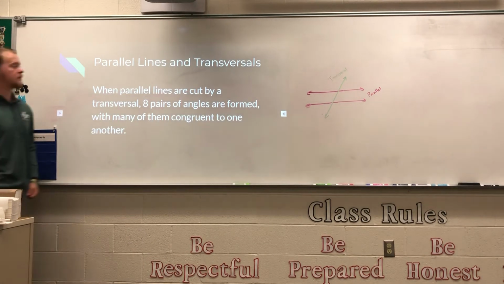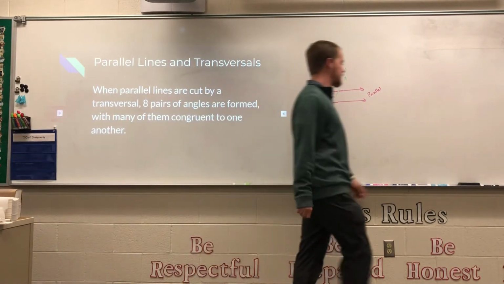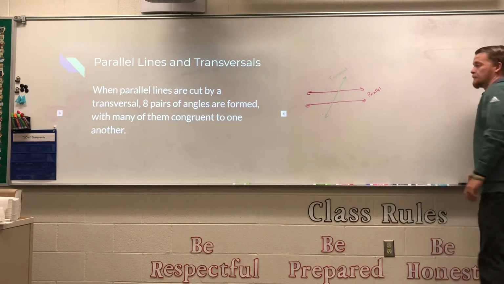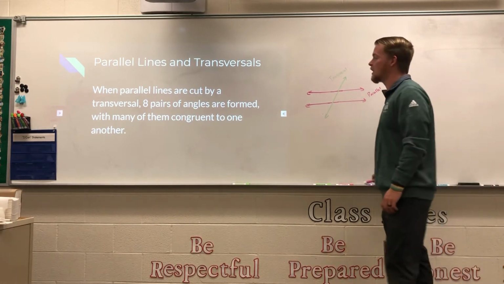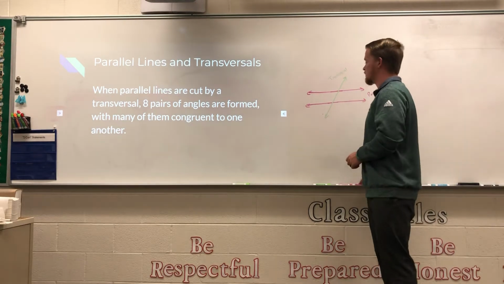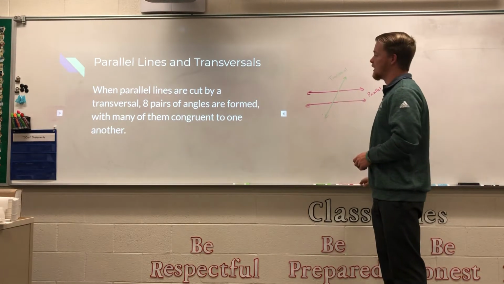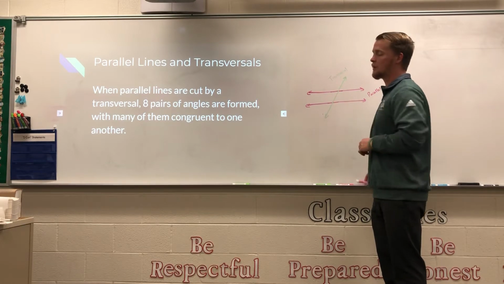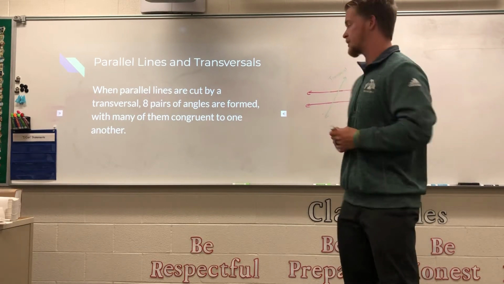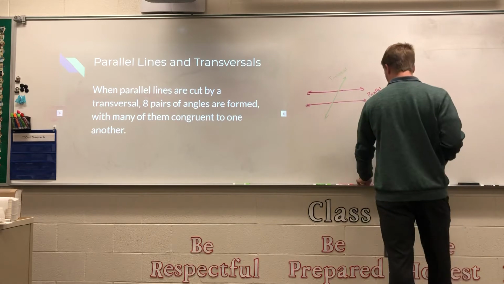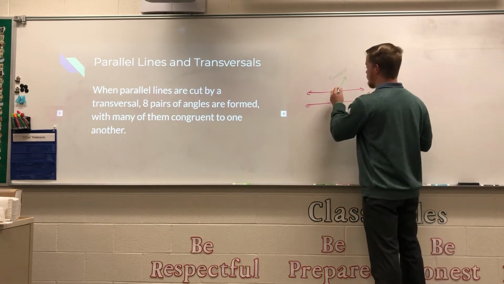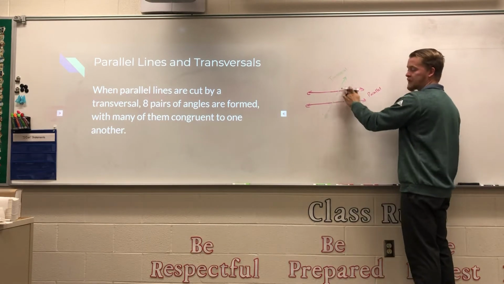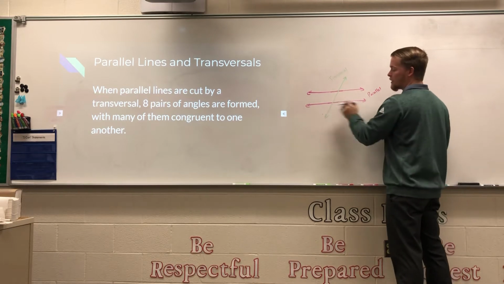Here's another thing about parallel lines and transversals that needs to be known. When parallel lines are cut by a transversal, 8 angles are formed, with many of them congruent to one another. And we'll talk about which ones are congruent to which. But here are your 8 angles. You're going to have 4 on the top parallel line and 4 on the bottom parallel line.